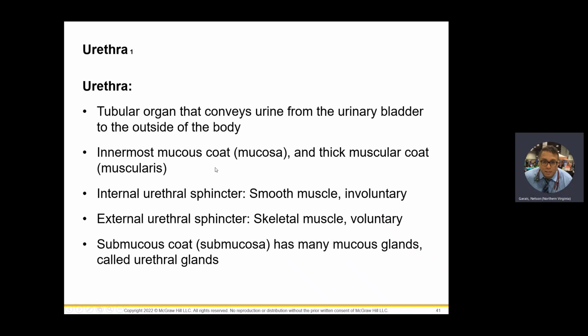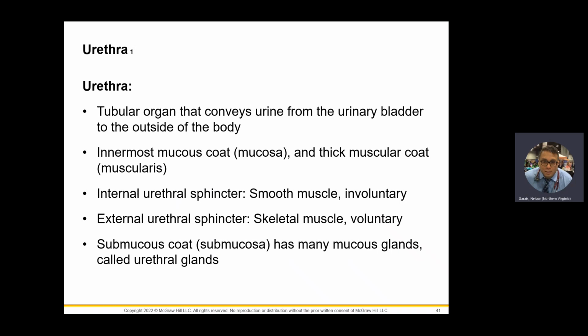You have the innermost coat, which is mucosal, and underneath that mucosal coat you also have some more glands. What's important about the urethra, other than it's surrounded by smooth muscle and performs peristalsis.